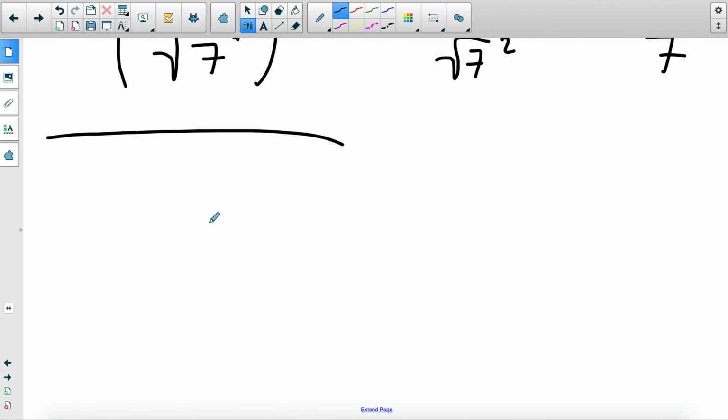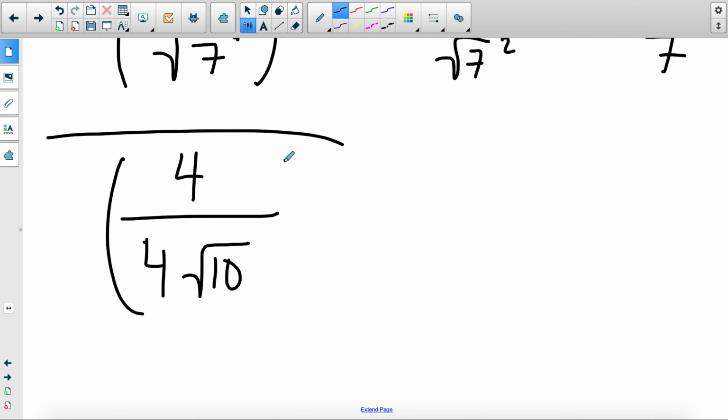Let's say you had 1 over, again, let's say 4 square root of 10, say this was 4 as well, squared.